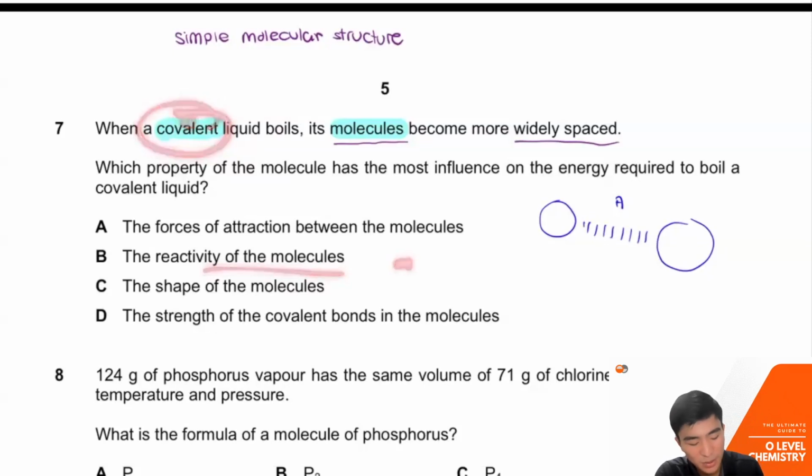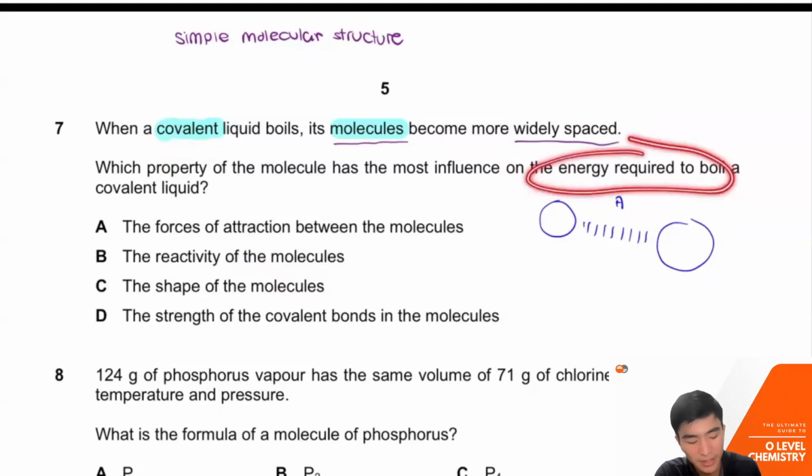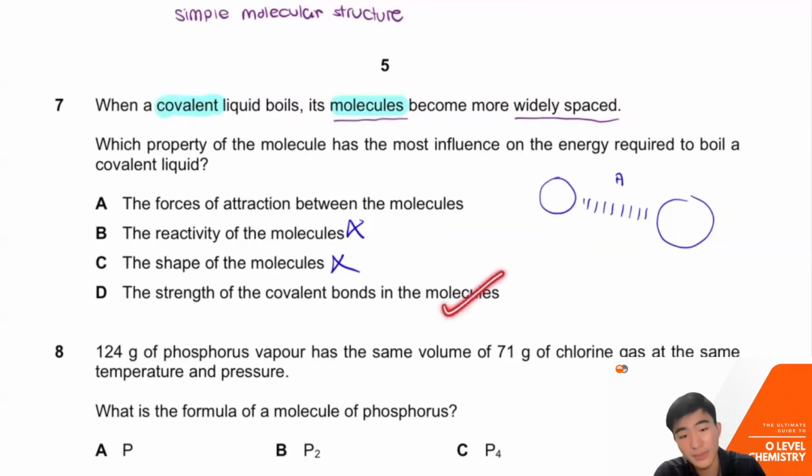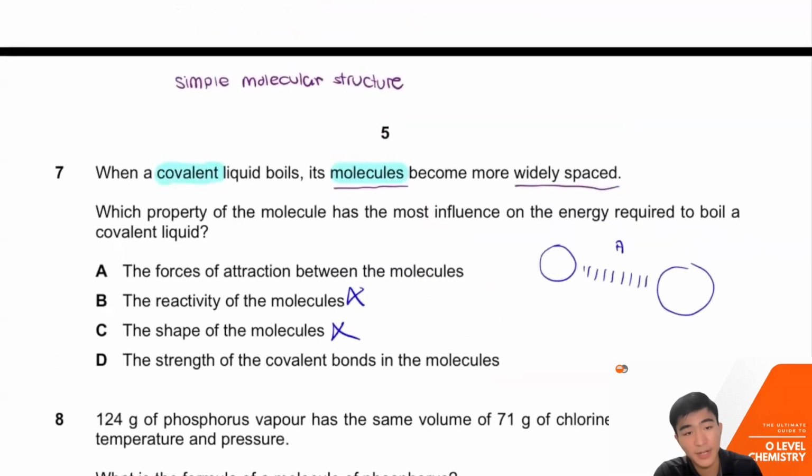But most of the time, we don't talk about molecular reactivity as influencing the energy required to boil a covalent liquid. So this is wrong. The shape of the molecule also does not matter. Well, not that it does not matter, but it is insignificant. The strength of covalent bonds in the molecule. Now, this one is also possible. So we have A and D as the possible answers.